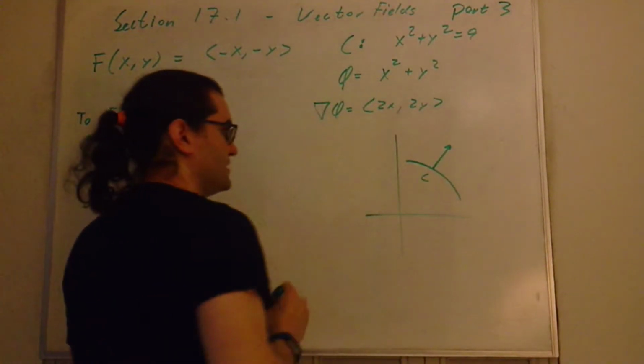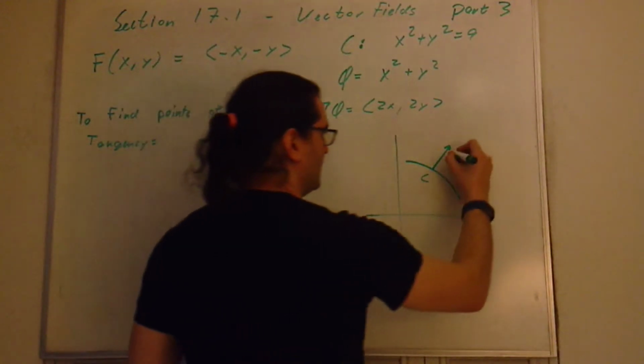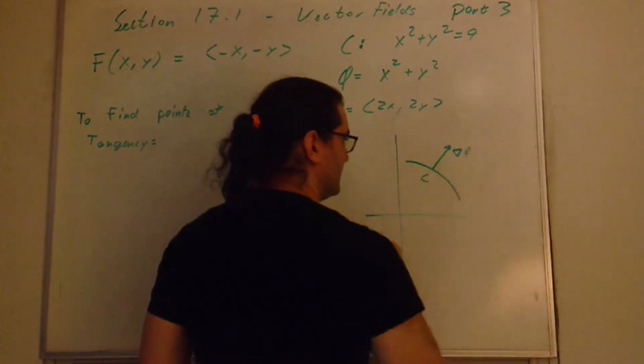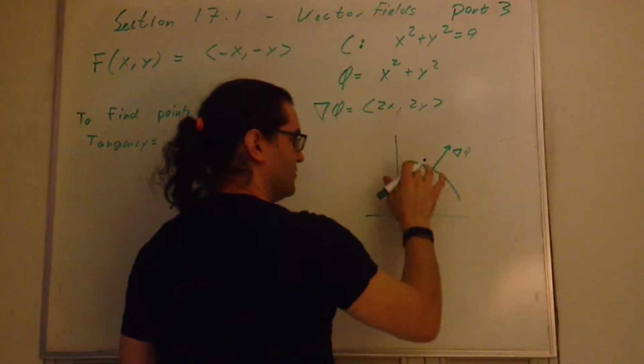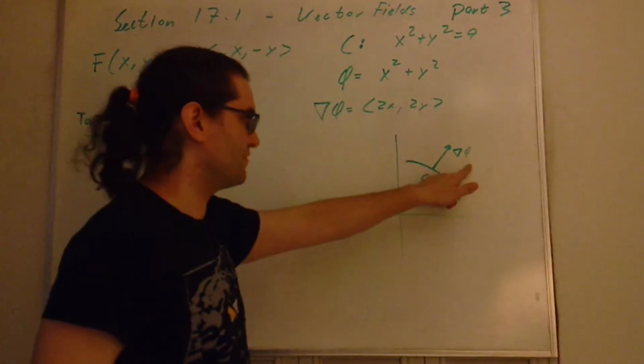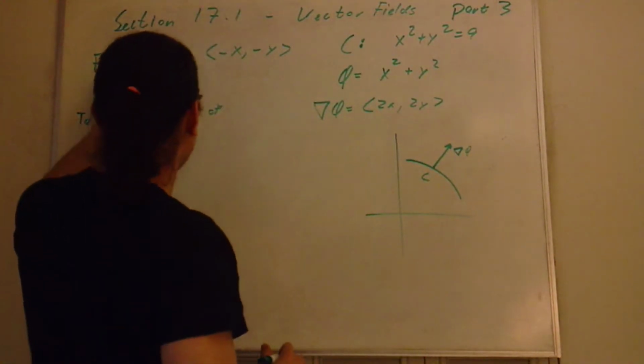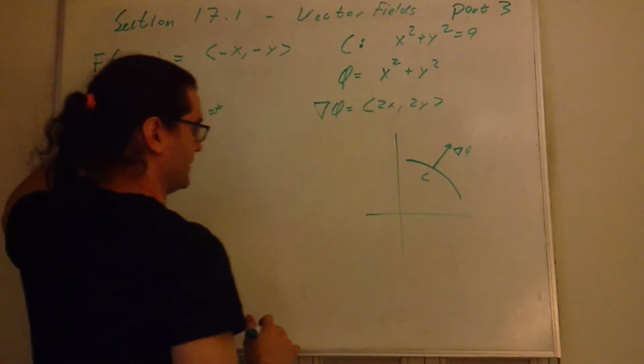Perpendicular to the curve C is our del phi. This is the gradient of the level curve, or gradient of the potential function, perpendicular to the level curve. And we have this function doing things here.